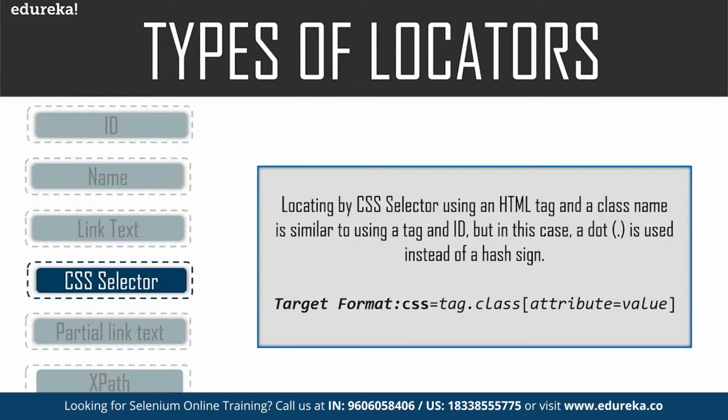We can use CSS selectors to make sure that the scripts run at the same speed in the Internet Explorer browser as well. CSS selector is always the best possible way to locate complex elements in the web page. This type of locator mainly uses some unique symbols in order to find an element. We'll learn more about it when we get to the introduction section.